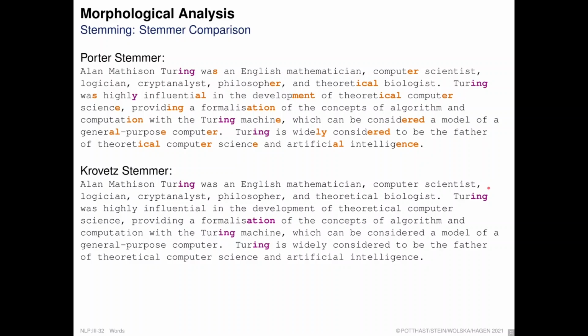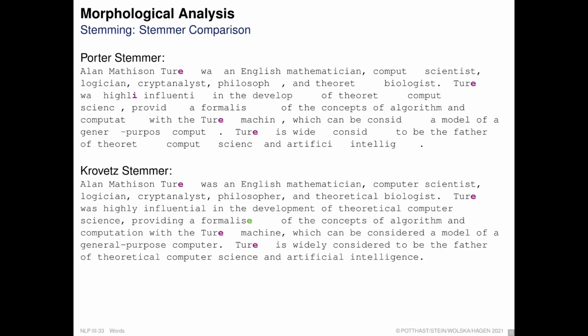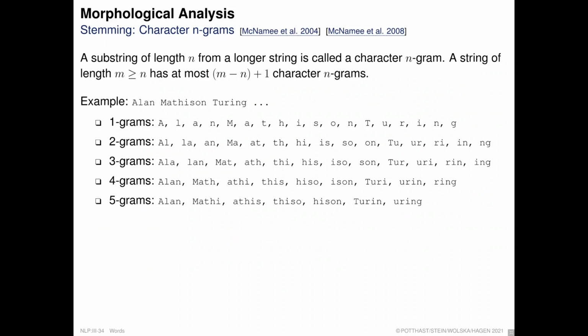But as you can see, the performance in terms of validity of the result, correctness of the result is much higher than that of the Porter stemmer. And of course, valid words are preserved. So theoretical as opposed to theoretic, theoret, which is not even a word or stem or anything.